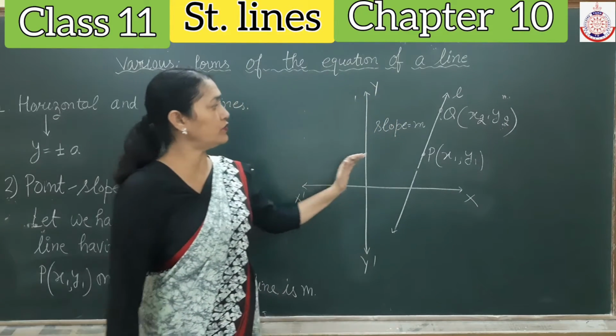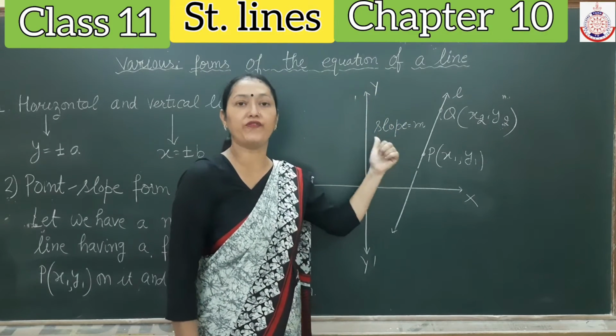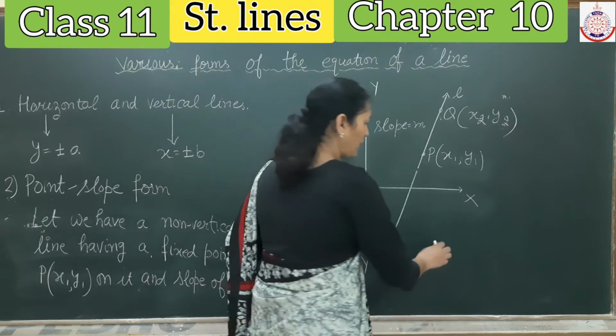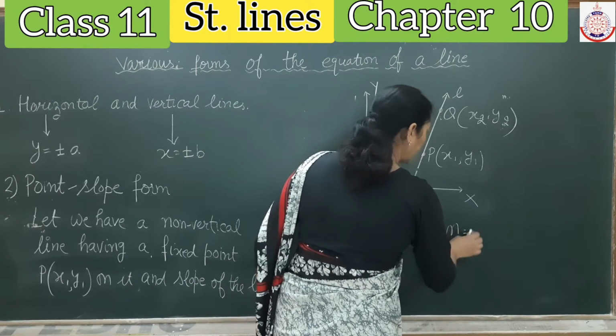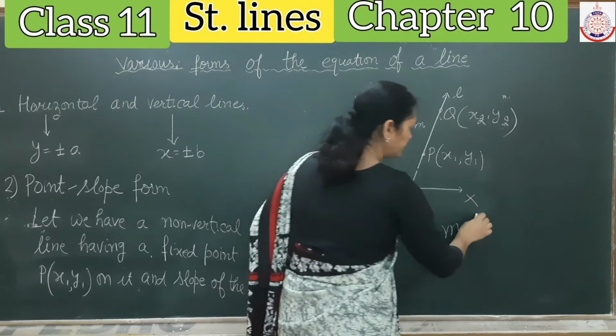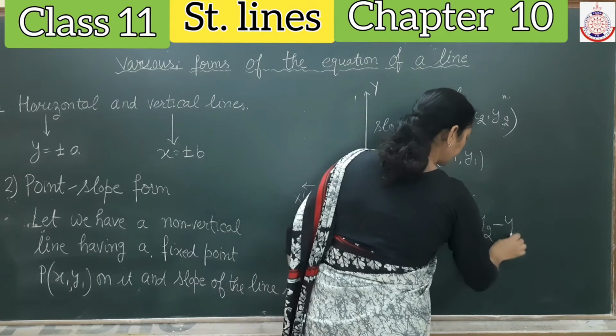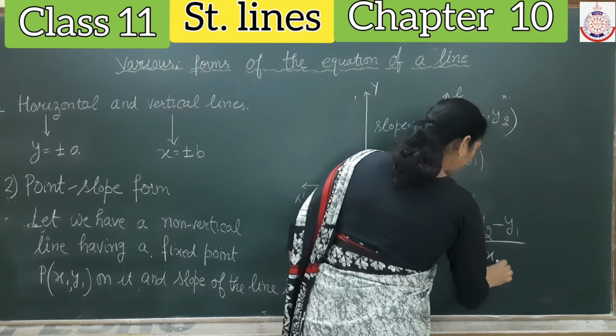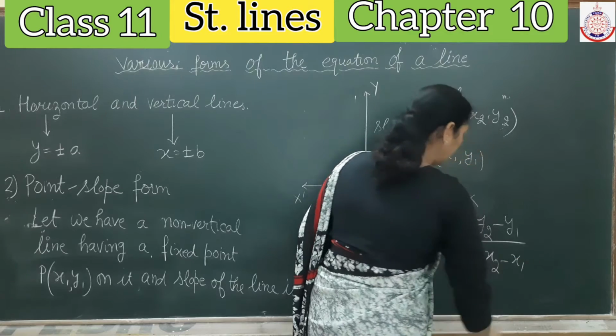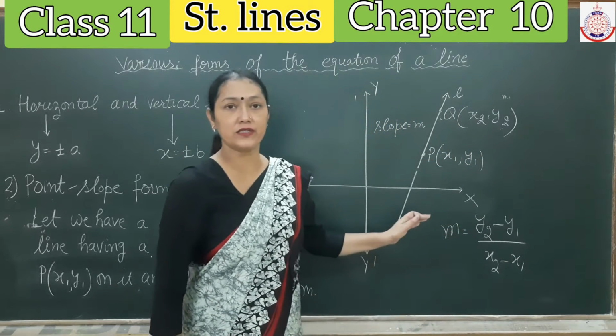Then according to the formula of slope, how do we find slope? Slope is y2 minus y1 upon x2 minus x1. This you have learned in your previous lectures.